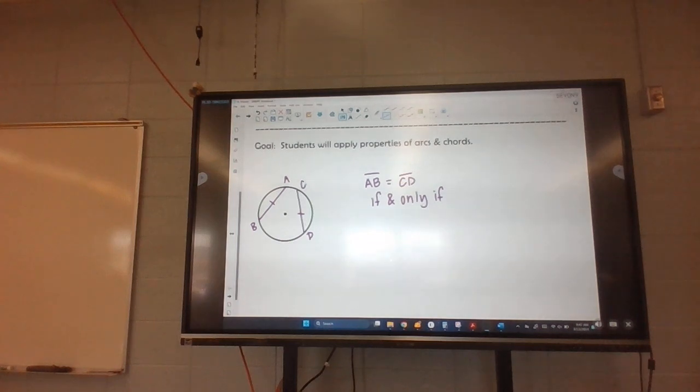So if these 2 chords are equal, that means their arcs are also going to be equal. And again, a lot of times these things seem a little bit on the obvious side. But the if and only if means if I know one of them, I can know the other one. So I always think of the arrows both going both ways. So congruent arcs, congruent chords.